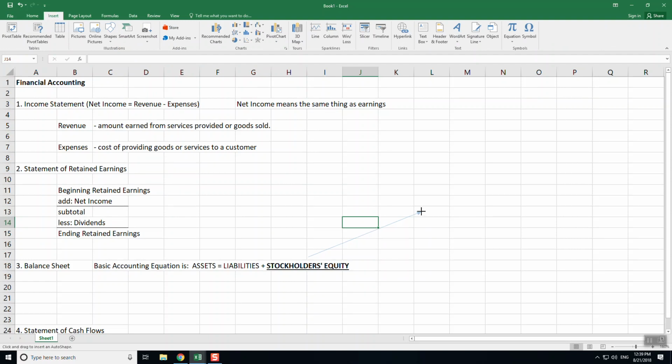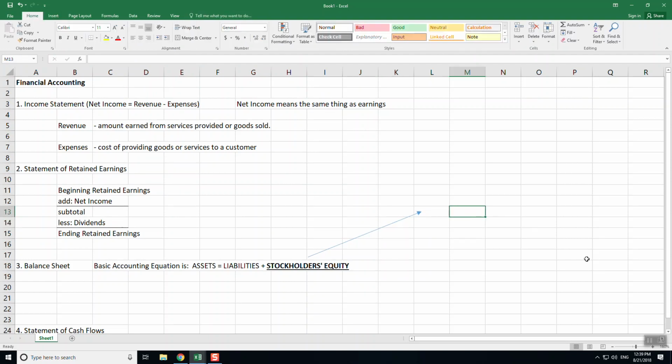In our course, the two things are common stock and retained earnings. And it will need to be the ending retained earnings. So just keep that in mind. Stockholders' equity is made up of these two things: common stock and retained earnings.